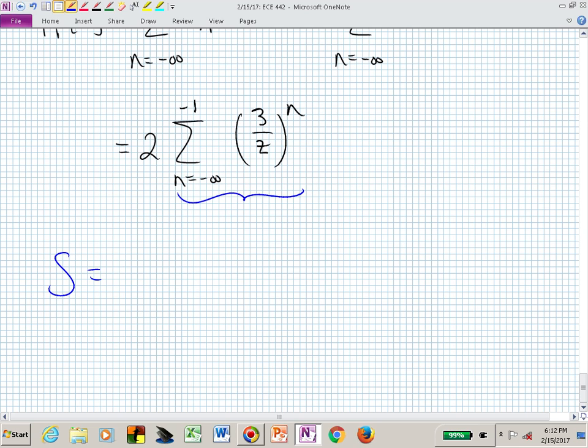S is equal to 3 over z to the minus 1 plus 3 over z to the minus 2 plus 3 over z to the minus 3, etc. Is it clear where that's coming from? And I'll have to scale that by 2 to get my eventual answer.